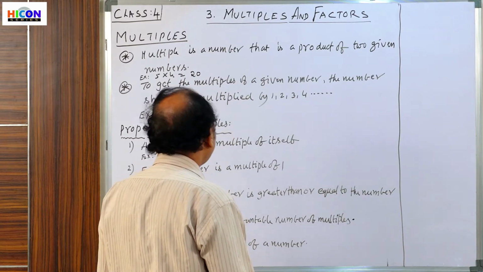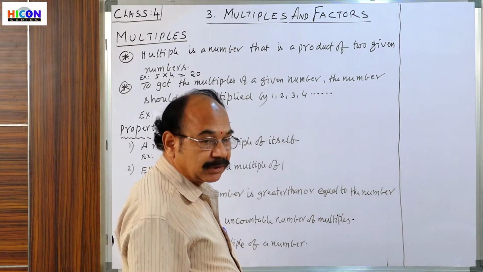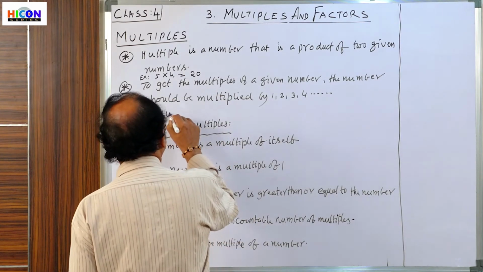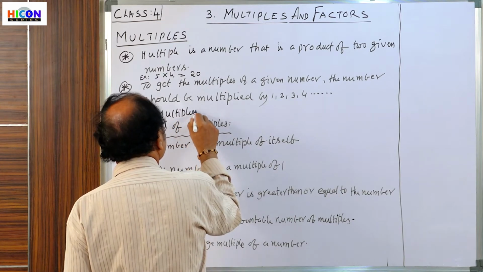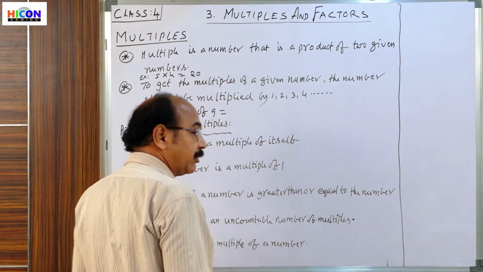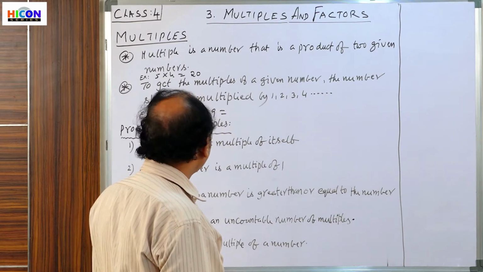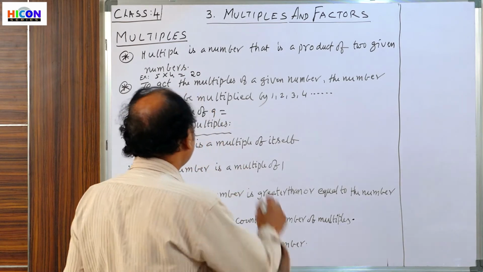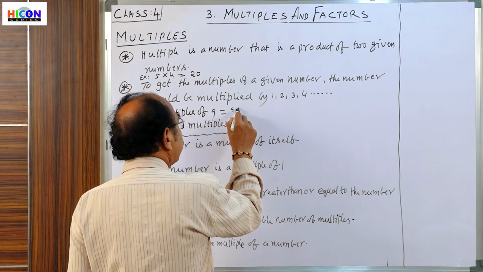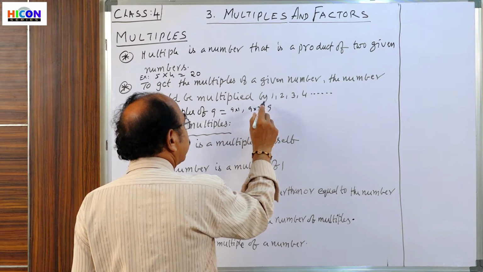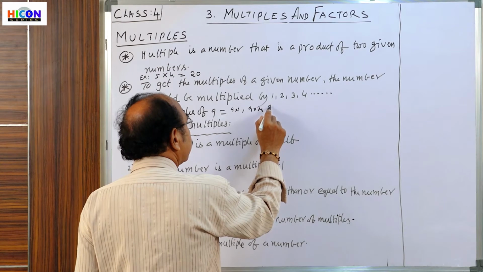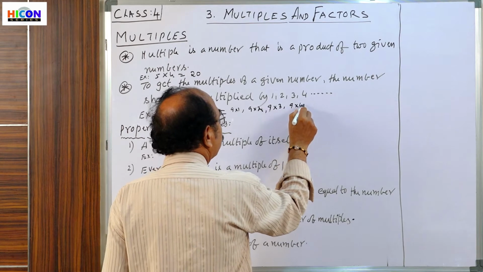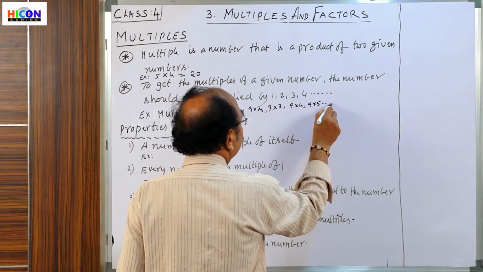Suppose I ask you to write the multiples of 9. Then what you have to do? Multiply 9 with 1, 2, 3, 4, like that. That means 9 into 1, 9 into 2, 9 into 3, 9 into 4, 9 into 5, and so on.